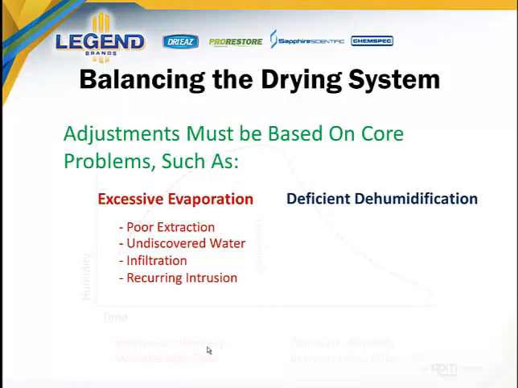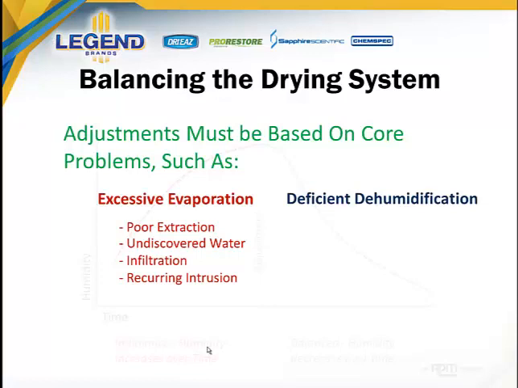Another reason for excessive humidity may be because of an additional water source of some type, such as infiltration. Especially when dealing with water damages throughout the summer period, outdoor humidities can be excessively higher than our target indoor humidities. Depending upon the age of the structure and the type of mechanical systems like heating and ventilation systems, there may be additional moisture being brought into the structure via the outdoor environment.